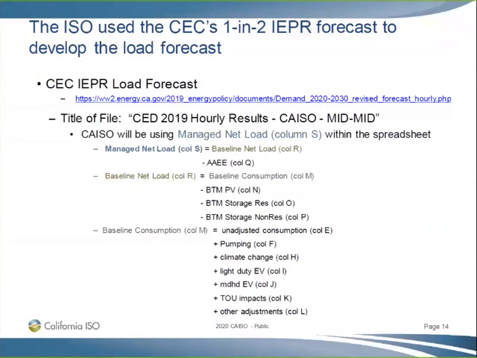The column that we use in the analysis is column S. I think either Amber or Jessica put this slide together, and I think it was fairly comprehensive, trying to show you how the CEC broke down the data and essentially came up with column S, which is what we use. So column S is what goes into the flexible capacity analysis.